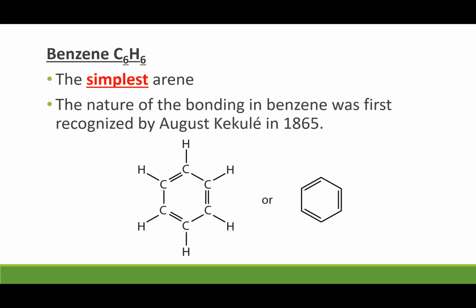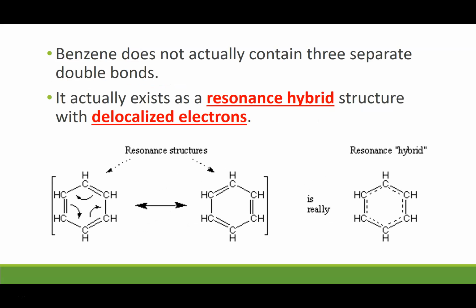What you're seeing on the screen right now is the Kekule structure of benzene. It is a 6-sided ring with a carbon atom at each vertex. The carbon atoms are bonded by alternating double and single bonds, and each carbon atom is bonded to a hydrogen atom. However, we now know that benzene doesn't actually have alternating single and double bonds.